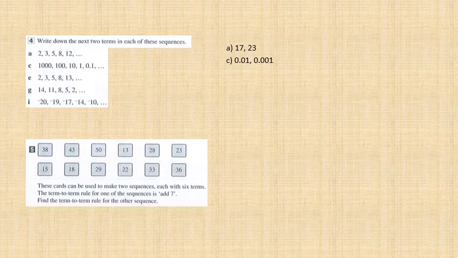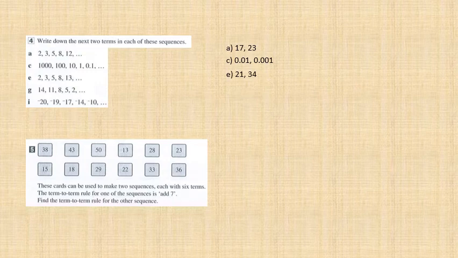And after that, 3 plus 5 equals 8. And after that, 5 plus 8 equals 13. So 8 plus 13 equals 21. And 21 plus 13 equals 34. So I'm adding every two terms in the sequence to get the third one. Add the second and third to get the fourth, add the third and fourth to get the fifth, and so on.